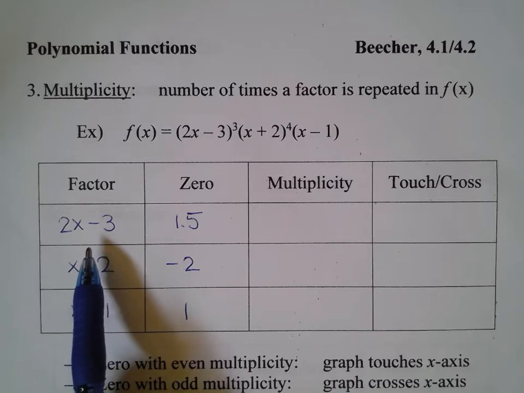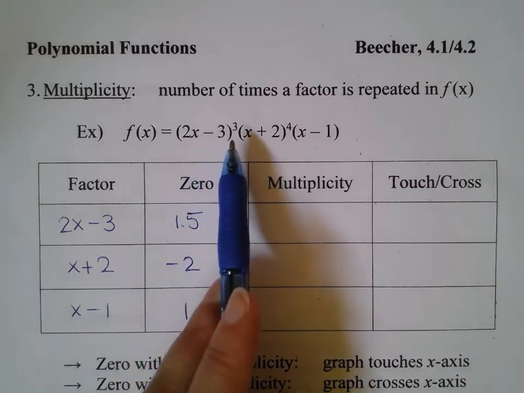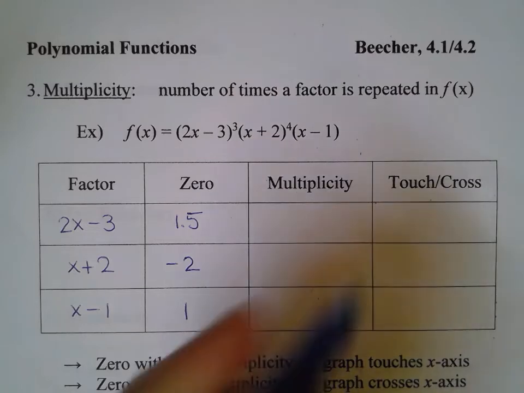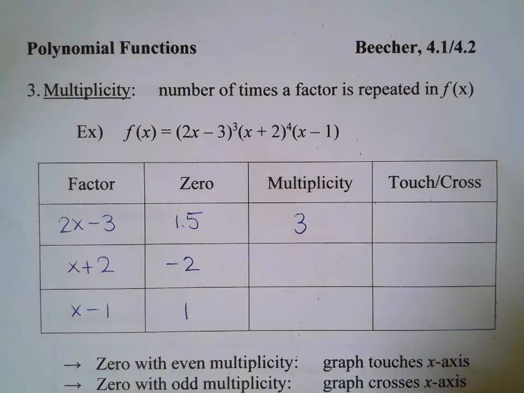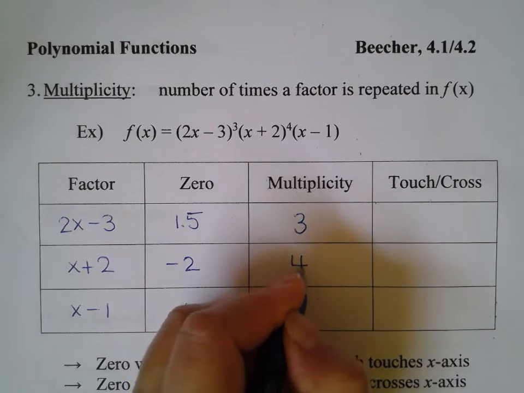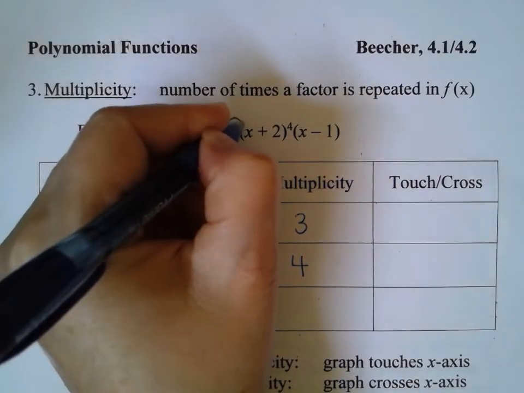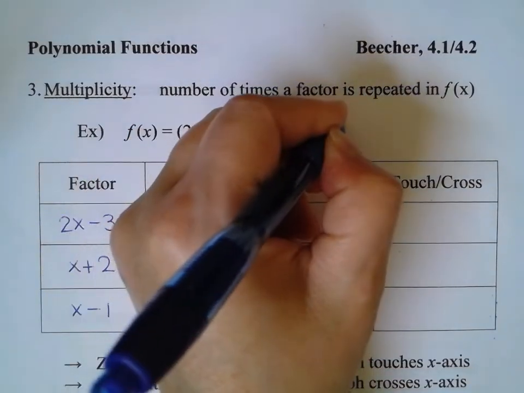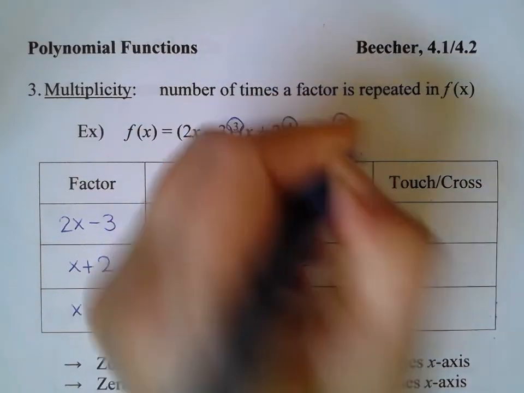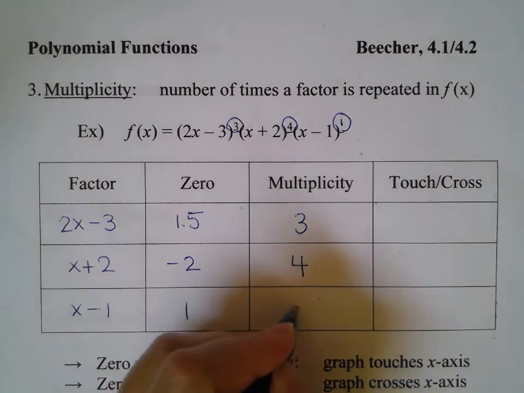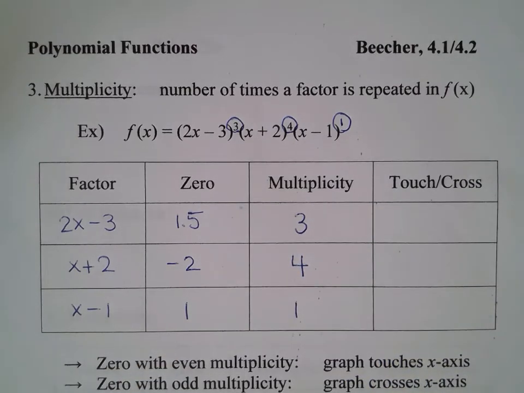The 2x minus 3 is raised to the third power, so it happens 3 times. The x plus 2 is raised to the fourth power, so it happens 4 times. The x minus 1 doesn't have an exponent, so it's implied to be to the first power, so it has a multiplicity of 1.